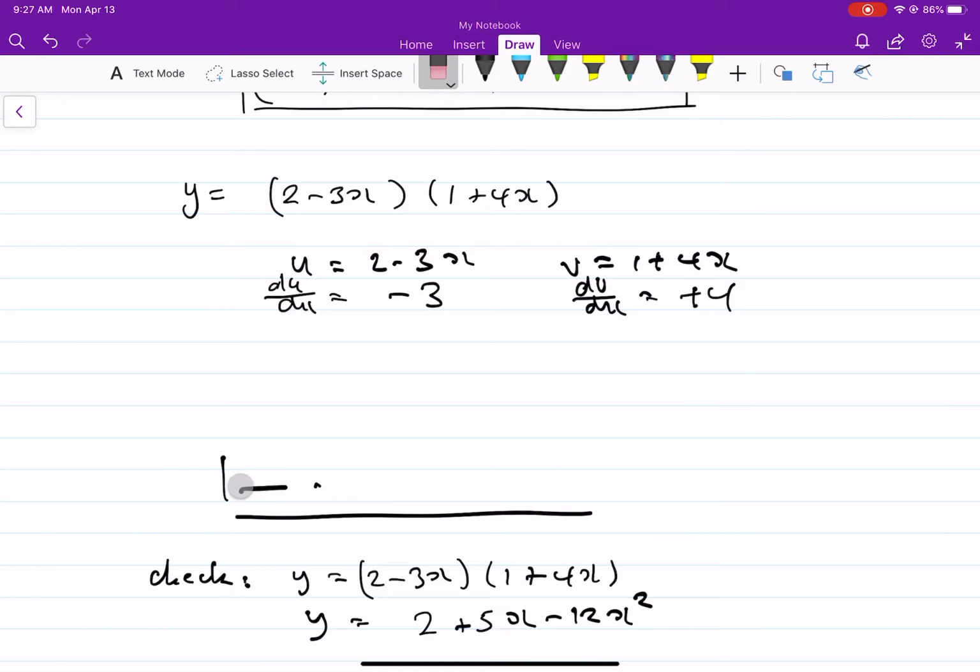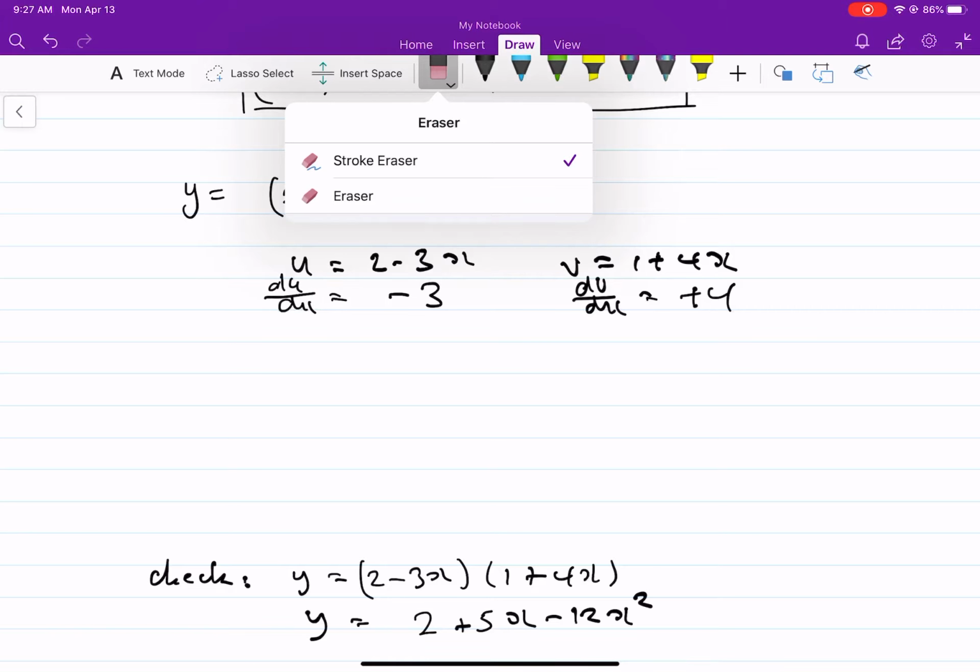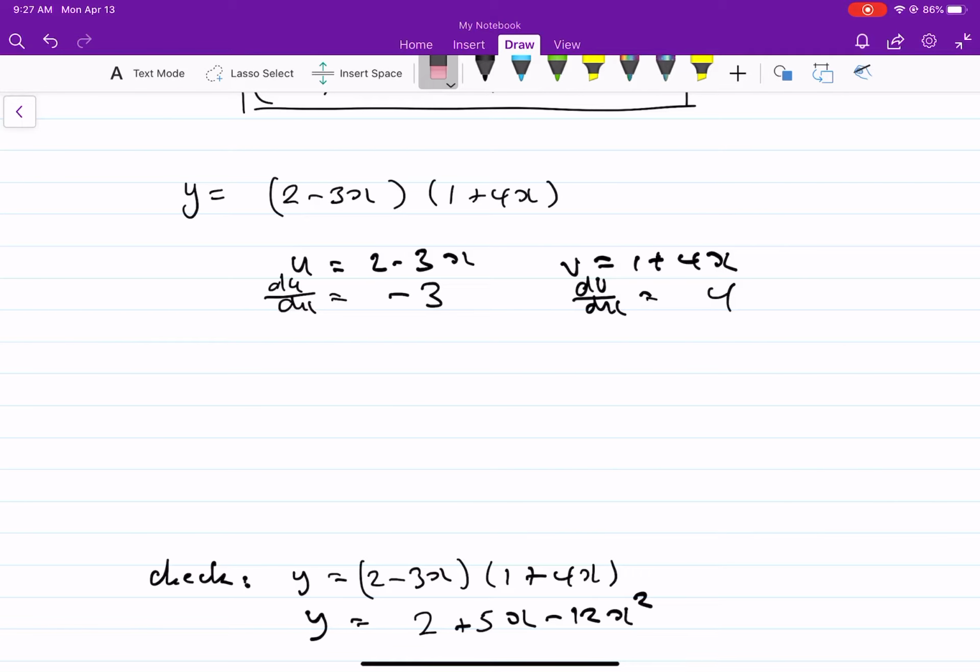Let's try this again. All right, 2 minus 3x, you differentiate, you get minus 3. 1 plus 4x, you get 4. So dy dx is equal to v du dx plus u dv dx.